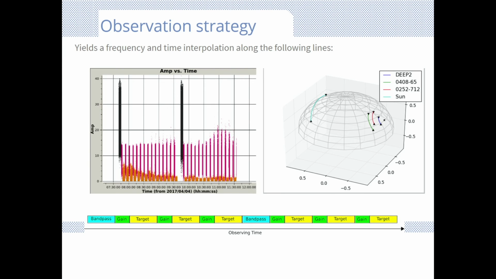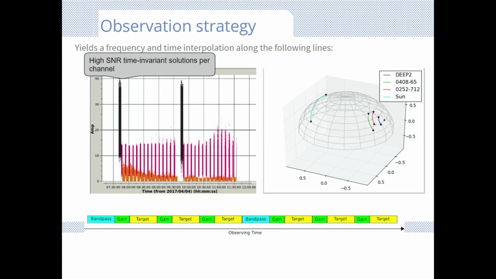Then we have the gain calibrator dispersed in between observations of our target field. So a typical observation will maybe start off with a bandpass and observe it every few hours, and then have short 2 to 5 minute scans on a gain calibrator interspersed with a target observation, which may have a length of 20 to 30 minutes.